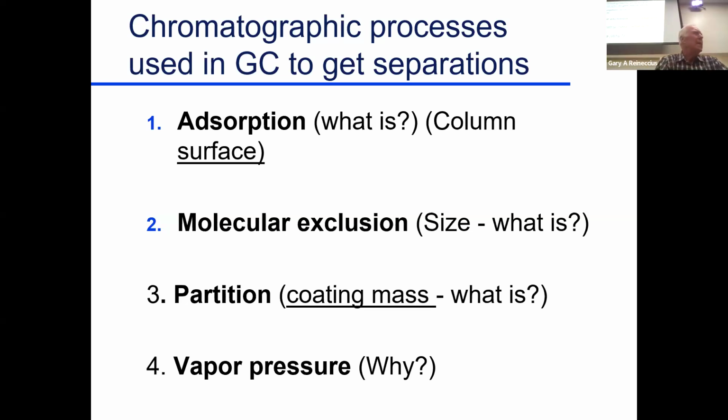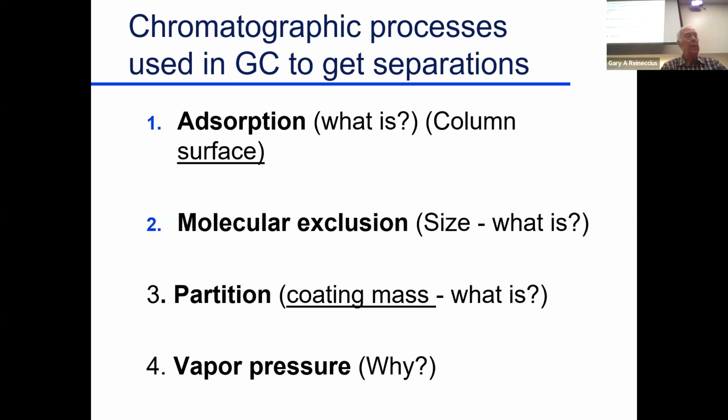So you can have adsorption as a basis of separation, looking at how your analytes adsorb onto that surface. Molecular exclusion: you can do separations based on the size of your molecule. Is it a little molecule like water? Is it a big molecule like a carotenoid, a pigment? So again, you can separate based on molecular size.